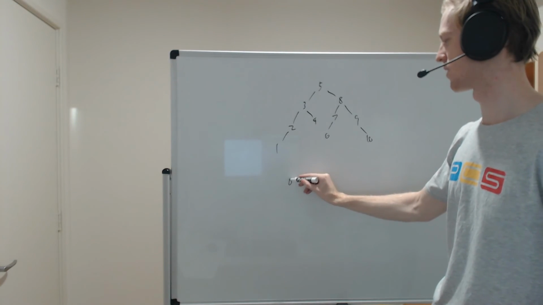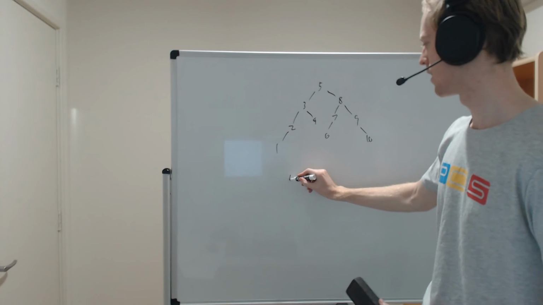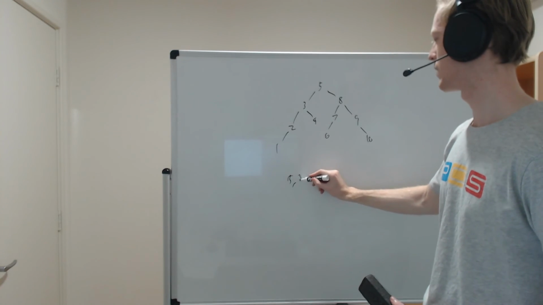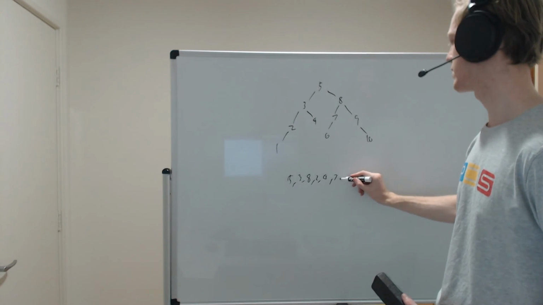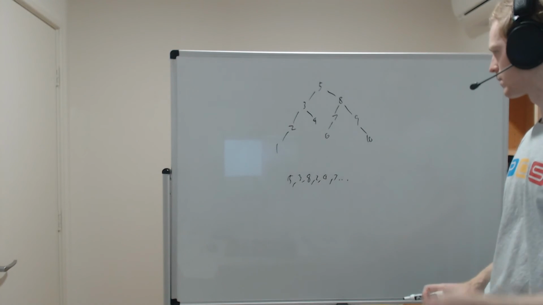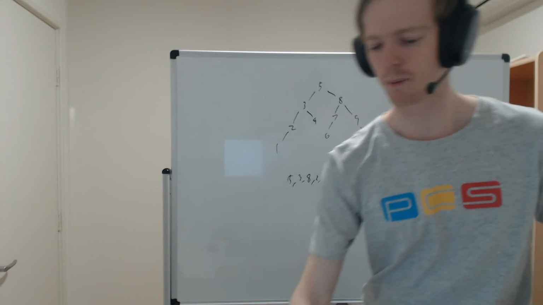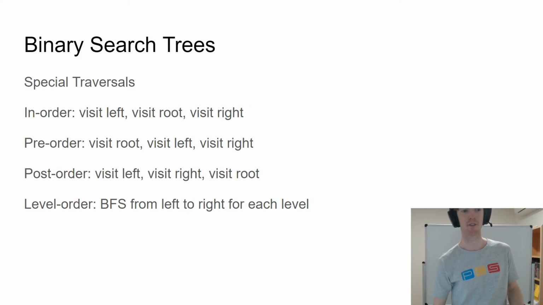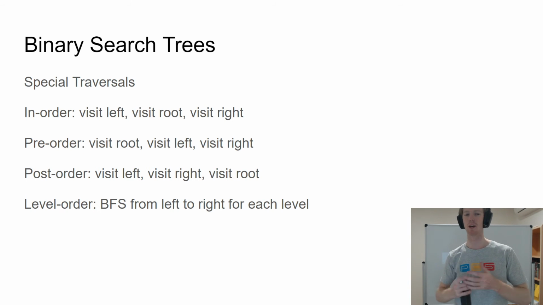So level order would look like 5, 3, 8, 2, 4, 7, etc. Cool. And the other couple of searches on here are just different orderings of the in-order, but it's the same idea of the way that you prioritize nodes.